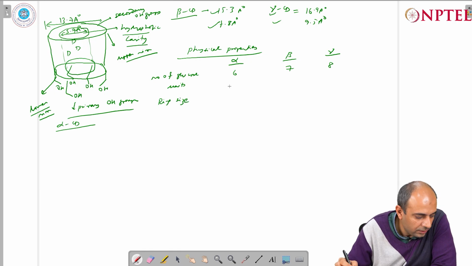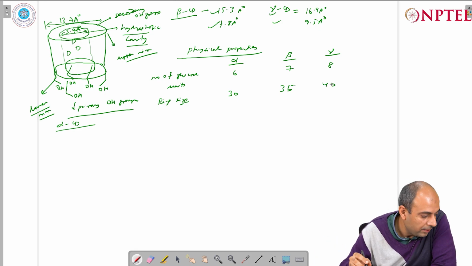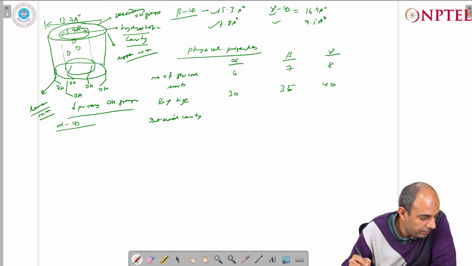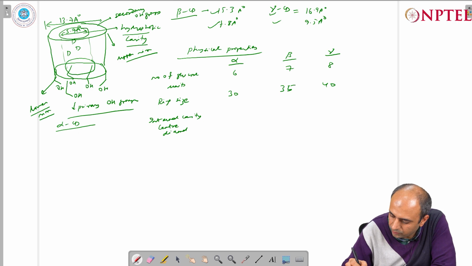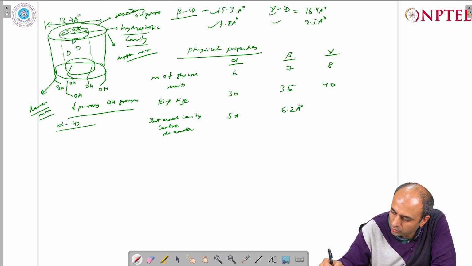The ring size is 30, 35 and 40. So the ring size increases. What is the internal cavity center diameter? That is 5 angstrom, 6.2 angstrom and 8 angstrom.